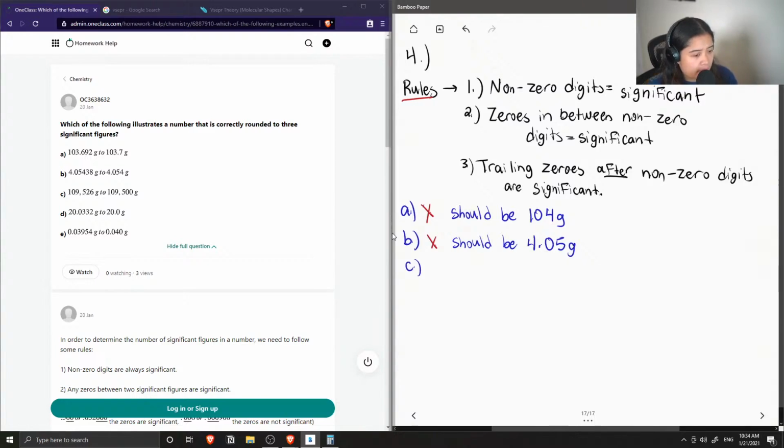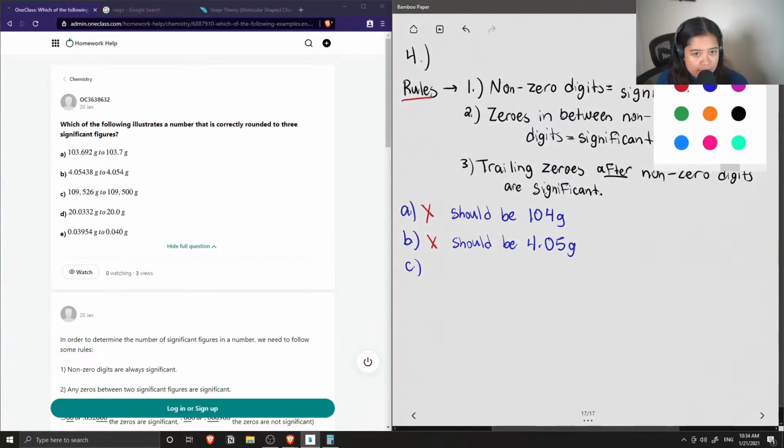Now for C, we have 109,526 rounded to 109,500. So this is also 4 significant figures, so this is also incorrect.